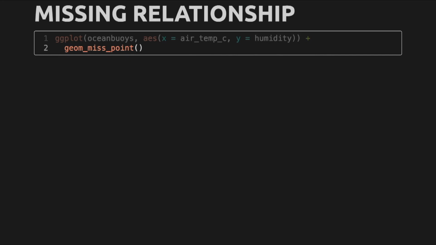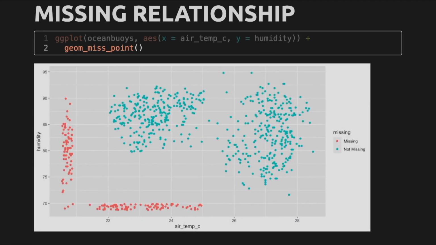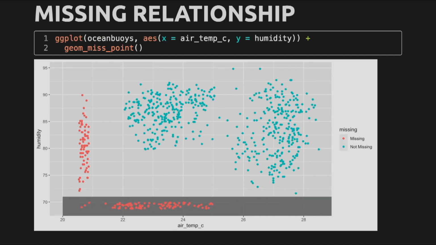You can use geom miss point. This is a regular ggplot geom, and this will impute the values of the data to be lower than the range of the data, so they're sort of off to the side here and in a different color. So let's break this down and look at each axis one at a time. The values in red on the x-axis are air temperature values, which are missing for humidity.